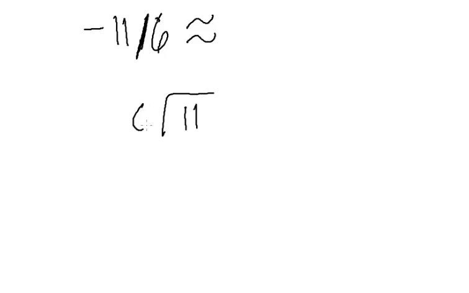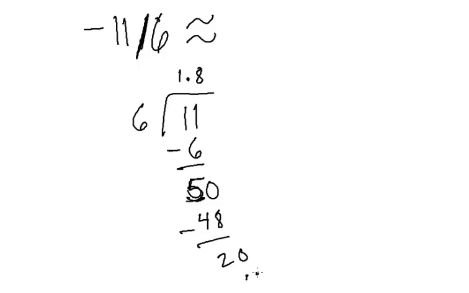So 11 divided by 6 will be 1.5, and this will be 8. 6 times 8 is 48. And this thing is going to continue, but we could use 1.8, okay? 1.8 will be an approximated number that we could use.